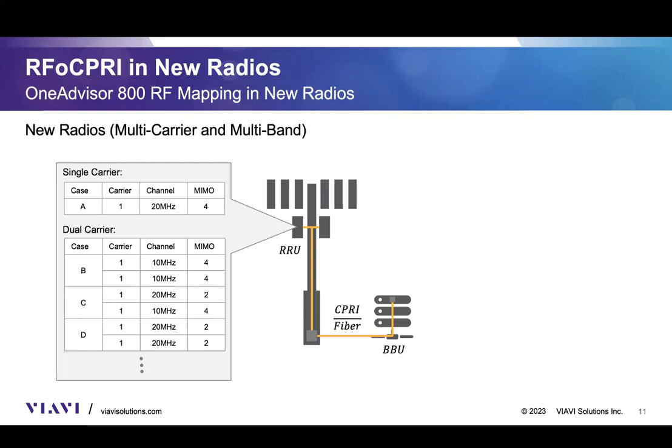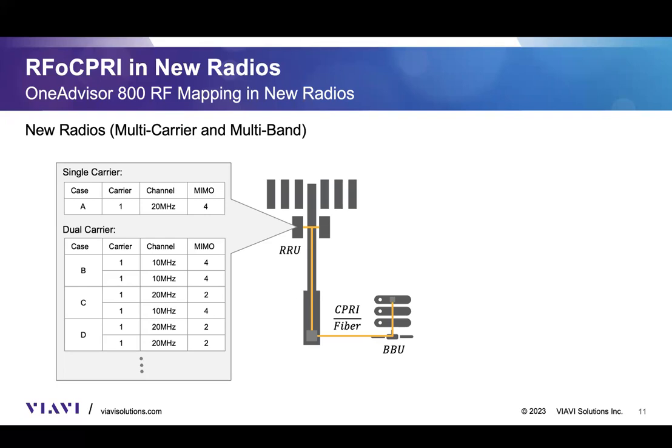As you can see here, this is a dual carrier radio. In this case, similarly, we have a 10 megahertz channel for 2 carriers, MIMO 4 branches, same bandwidth. Or other combinations: in case C, for example, we have a 20 megahertz signal with 2 branches and a 10 megahertz signal with 4 branches.